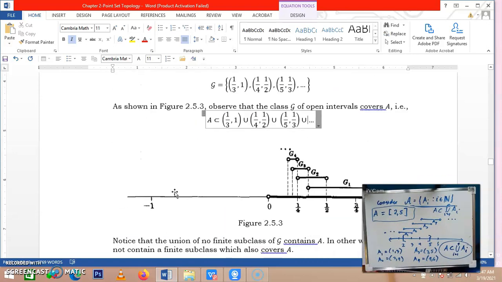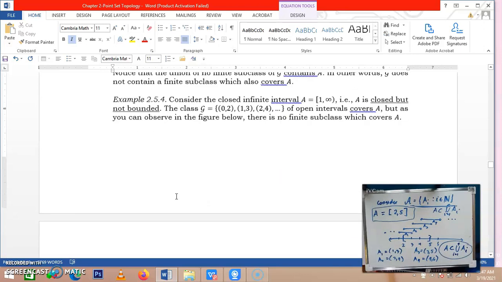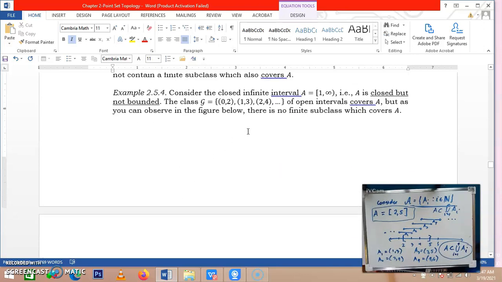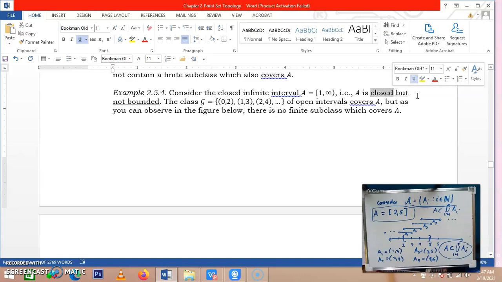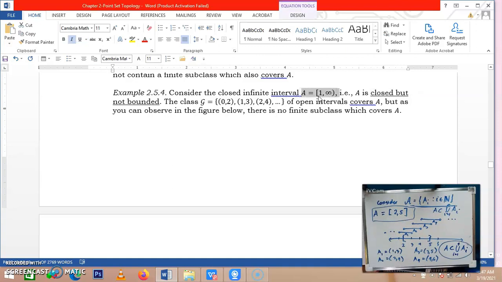Now let's try to have another example here. Take note, the condition for the Heine-Borel Theorem, it must be closed and bounded. Now, in this case, it is closed, but it is not bounded. So, as you can see in this interval here, we have here closed in 1. This is a closed set, but it is not a bounded set.